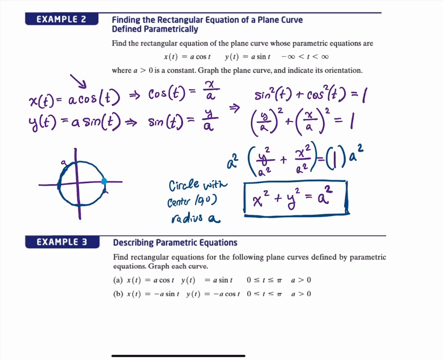Then if we plug in pi over 2, cosine of pi over 2 is 0, so our x would be 0. Sine of pi over 2 is 1, so y would just be a. So we should be going in the counterclockwise direction. You can see which points come after the other. So I'll add some arrows showing the particular rotation.